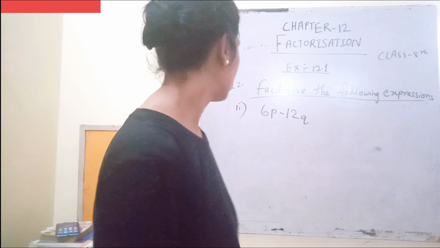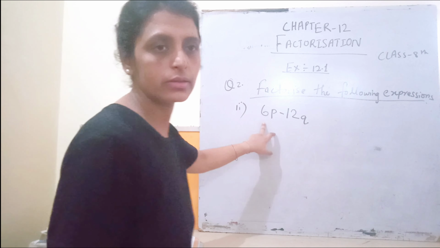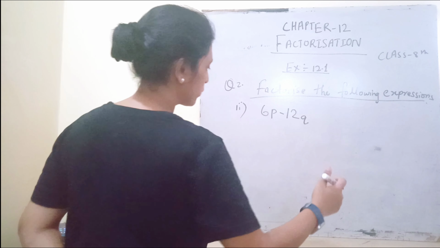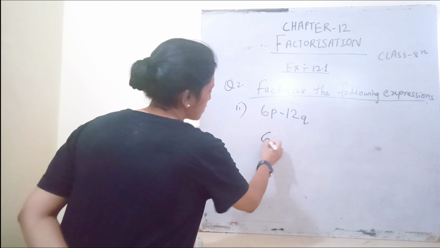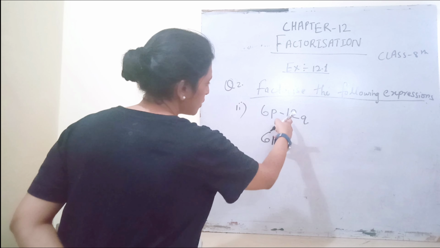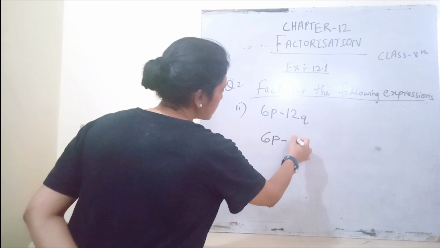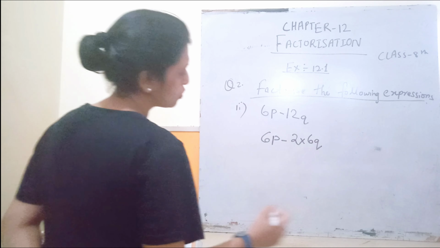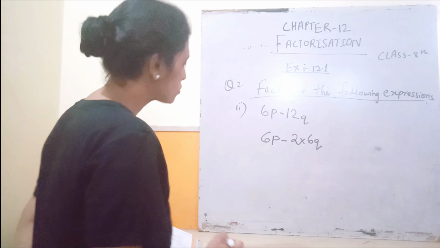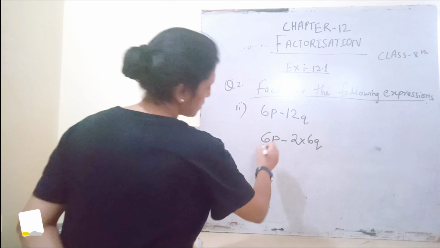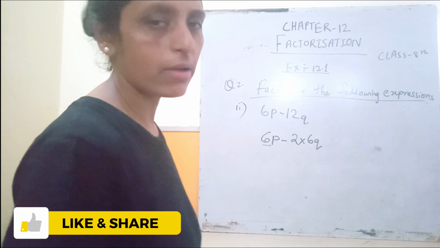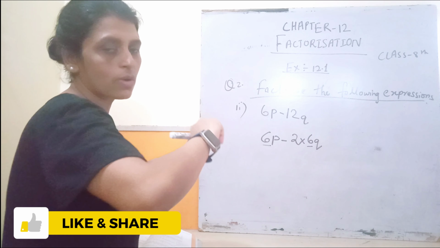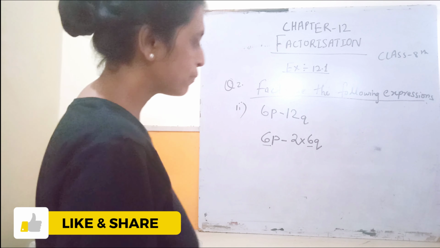Coming to the second part, it is 6p minus 12q. We have to factorize 6p minus 12q. So 12q can be written as 2 into 6q or 6 into 2q. So children, 6 is common here. In the first term we have got 6, and in the second term also we have 6 as one of the factors.